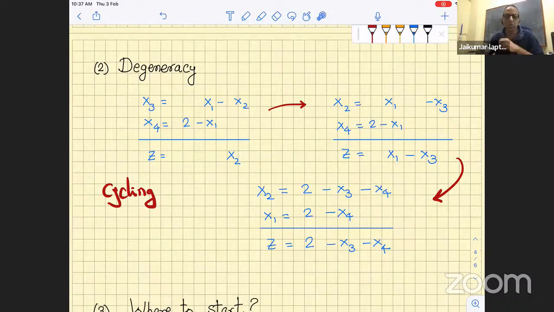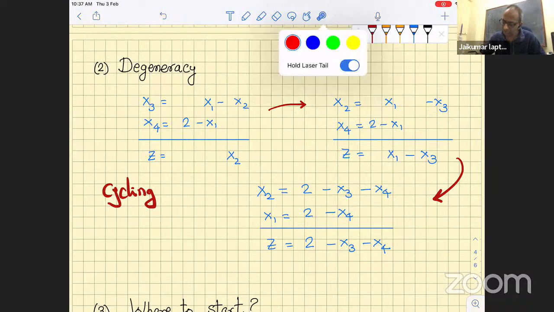One of the rules for the choice of these variables is called Bland's rule, and we will discuss that next time. Today I just want to do the other things. But your question is valid. It is possible in general for things to cycle.